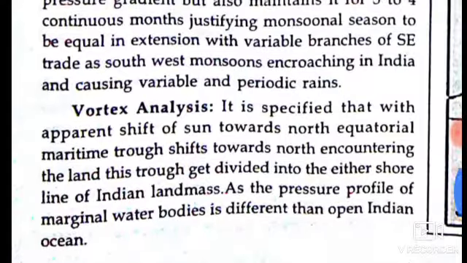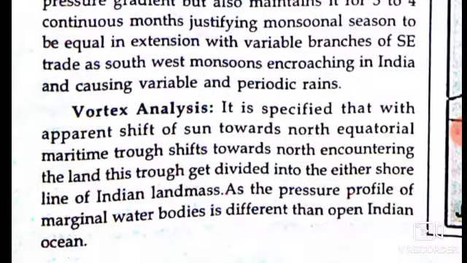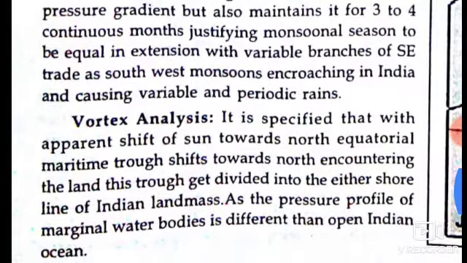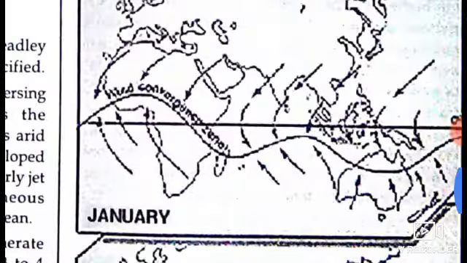Vortex analysis. It is specified that with the apparent shift of the sun from south to north, the equatorial trough shifts towards north, encountering the land. This trough gets divided into either shorelines of the Indian landmass, as the pressure profile of marginal water bodies is different from the open Indian Ocean.